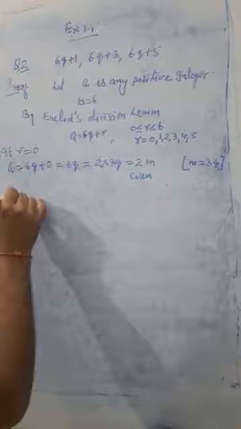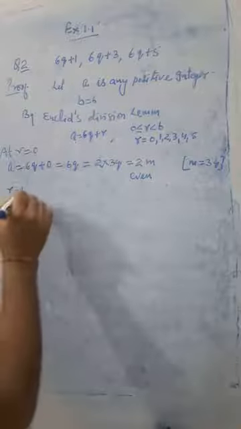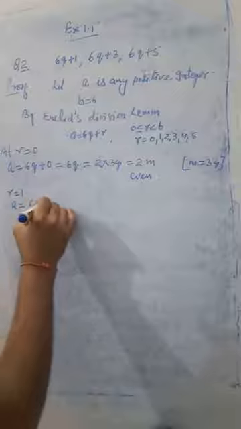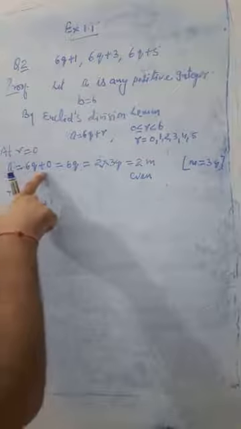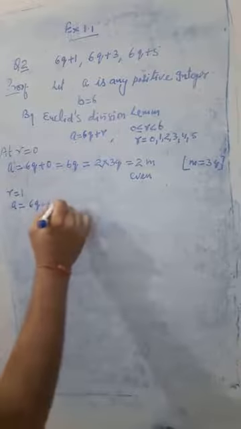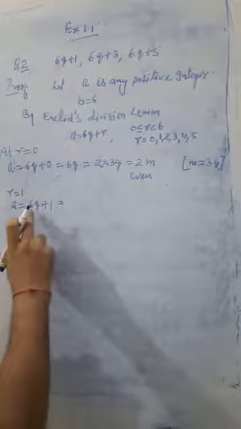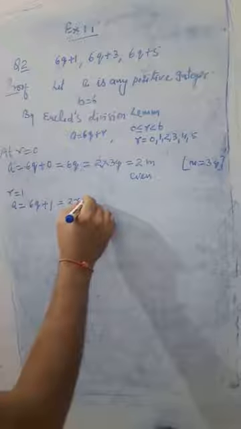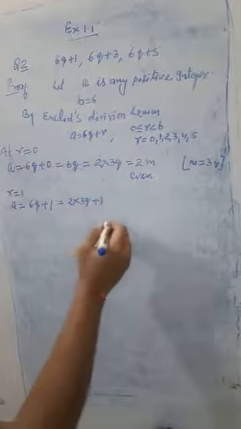Again, r is equal to 1. Then a is equal to 6q plus 1. We put r is equal to 1 in this form. So we can write 6q plus 1 as 2 into 3q plus 1.